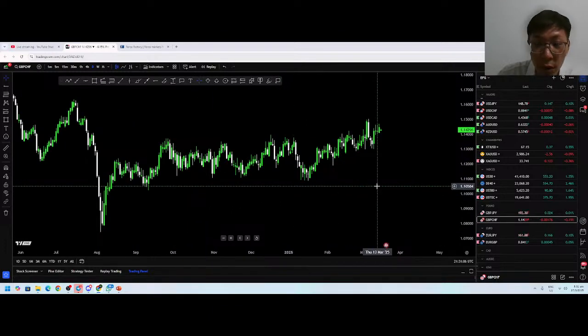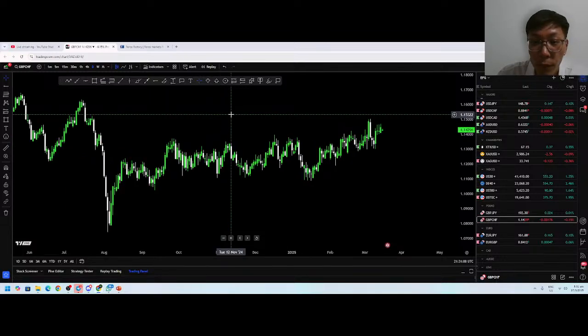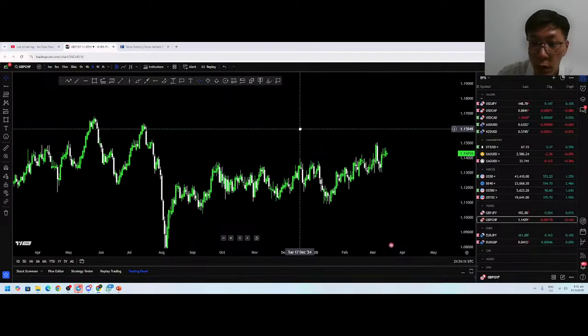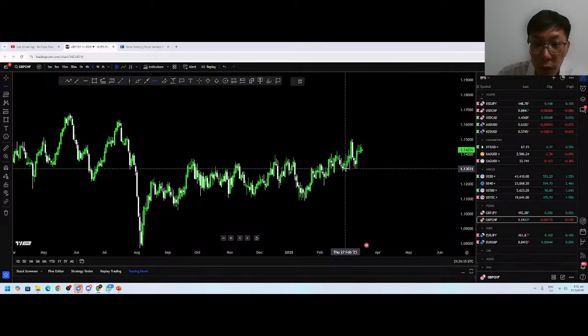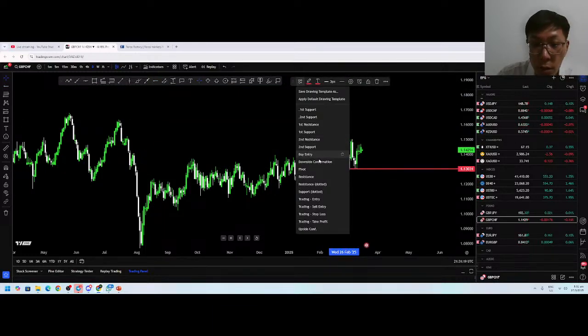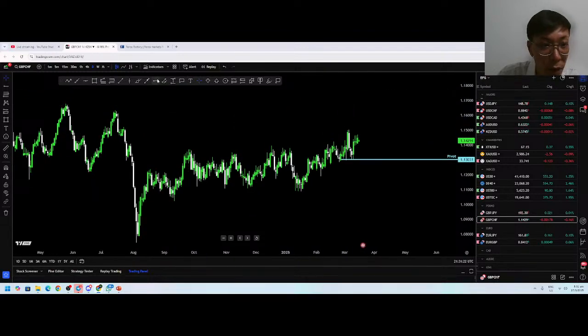So I think it's quite an interesting pair. So far, for my buy level, I think this would be a good pivot point. This is a solid pivot point for me.